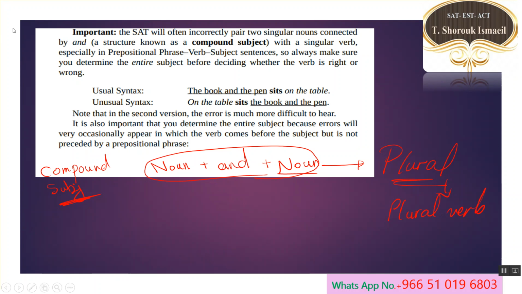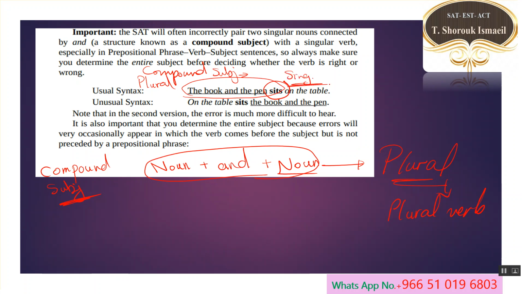So here, let's have a look at this sentence. The book and the pen. What about them? Do we consider them as singular or plural? Actually, they are plural because it is a compound subject, two nouns together connected by and, and it is dealt with as plural. Its verb here, I found, is sits, which is singular.